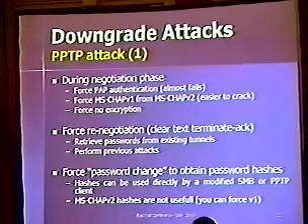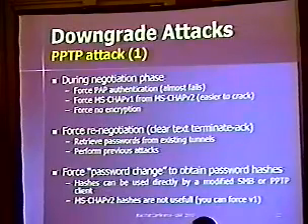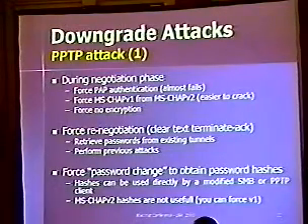Let's see another protocol that is very vulnerable to downgrade attacks. This is PPTP. PPTP is an old tunneling protocol that uses GRE for packet encapsulation. The negotiation phase is neither authenticated nor ciphered, so we can modify each packet exchanged during the negotiation phase of a PPTP tunnel.